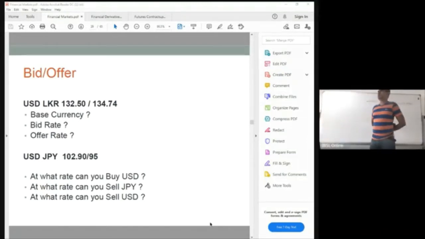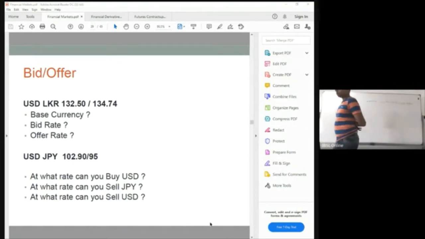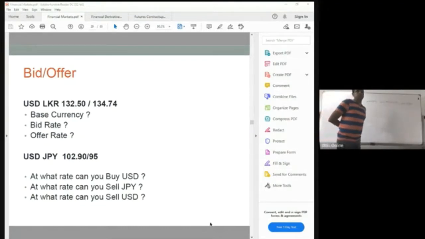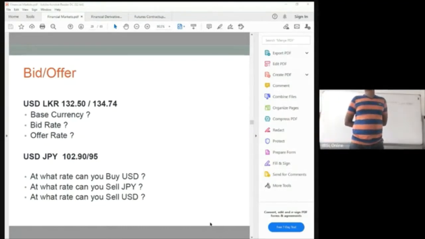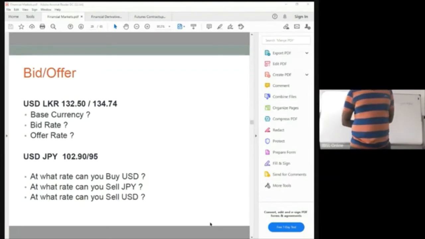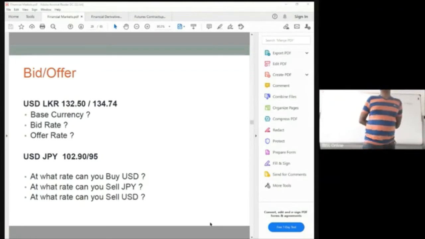What rate can you sell yen? What is your answer? What rate can you sell yen? Same rate. Okay. Why do you say the same rate? When we are selling Japanese yen, it means buying USD. Very good. Yeah. So it will be the same rate. Then at what rate can you sell dollars?